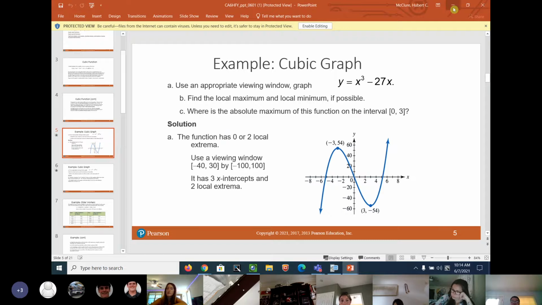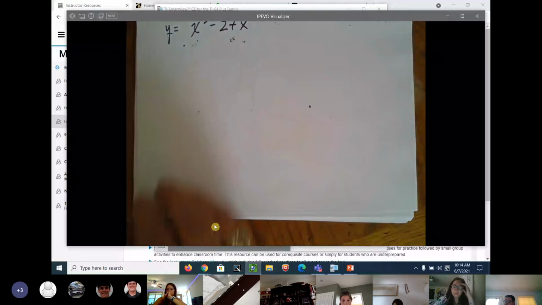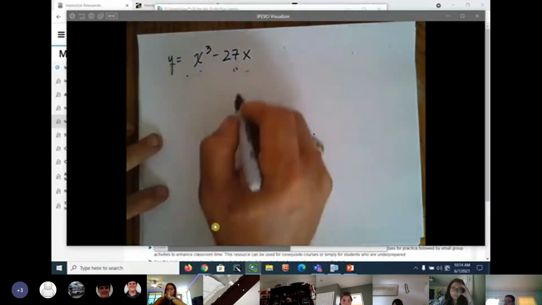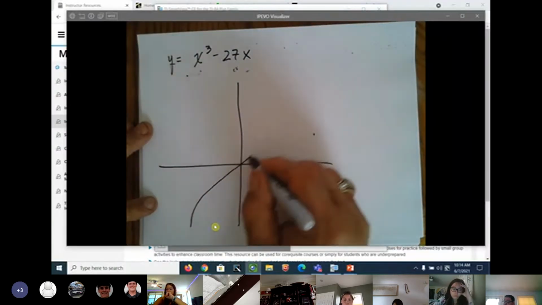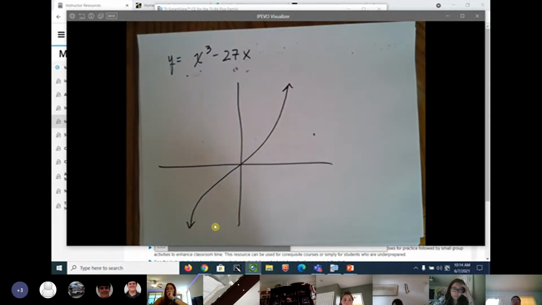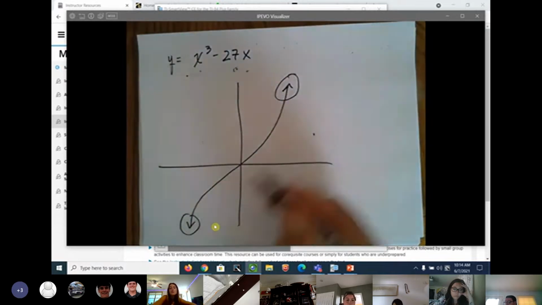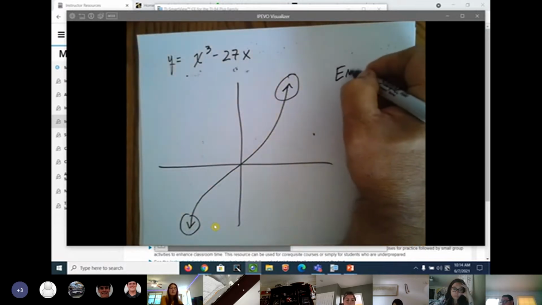Well, the family of graphs that you learned tells you that it's a cubic function. So it's going to look some form like that. It's going to be some form of that. The ending behavior is right here. This is called ending behavior.